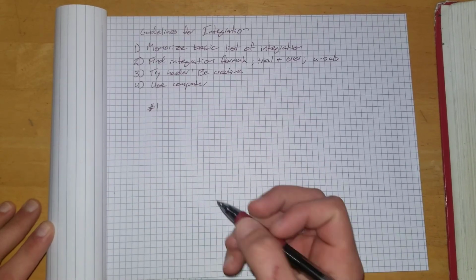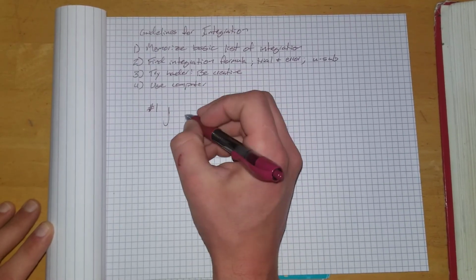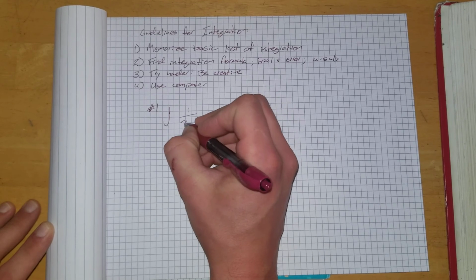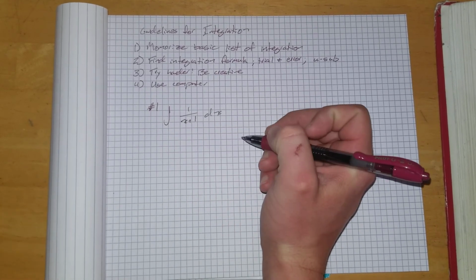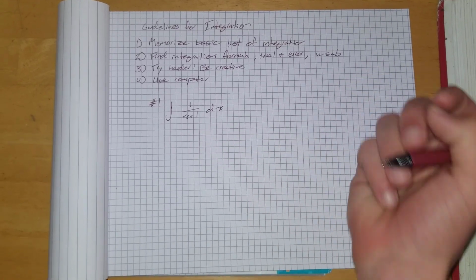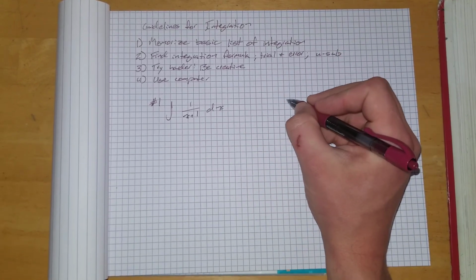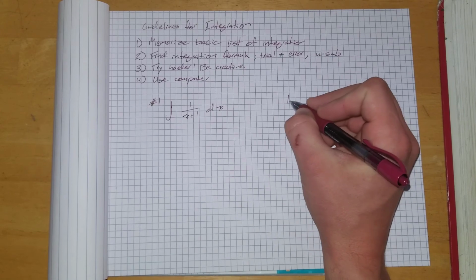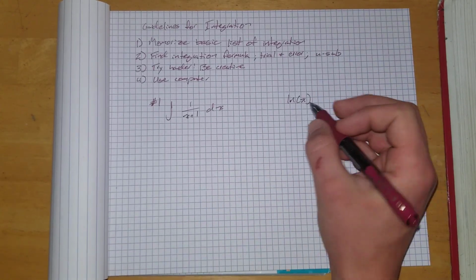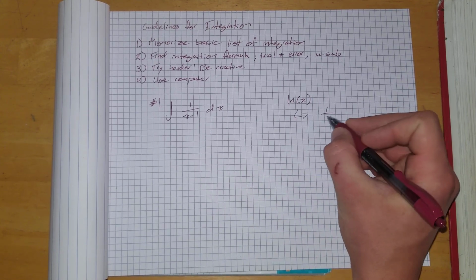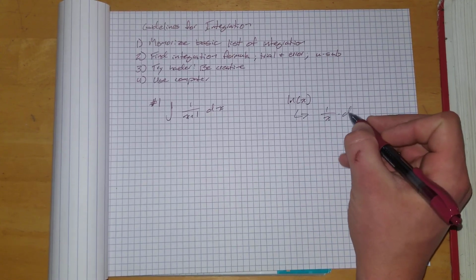from the homework. So we are integrating 1 over x plus 1, that's dx. And remember that integration is just an antiderivative, so if you remember, if we take the derivative of ln of x, we're going to get 1 over x times dx.